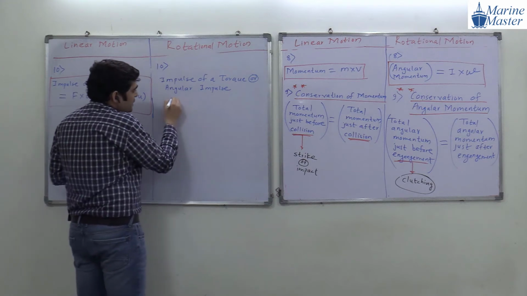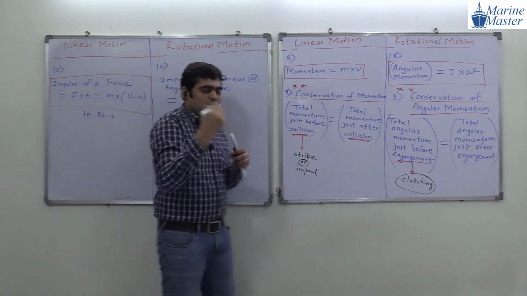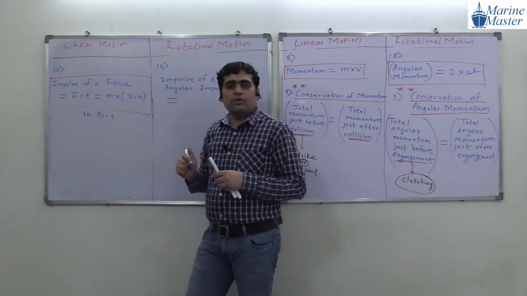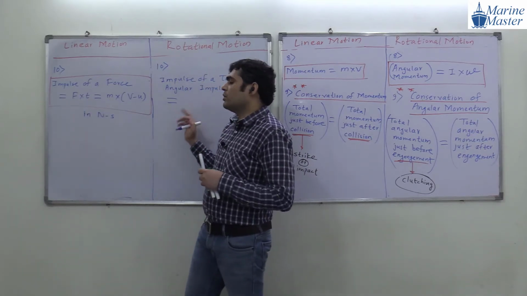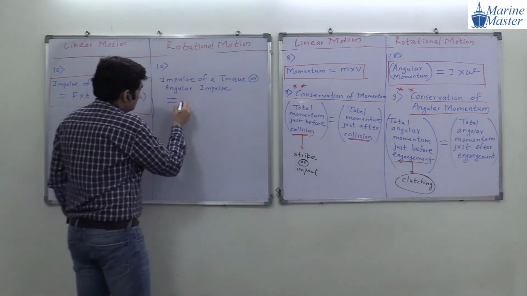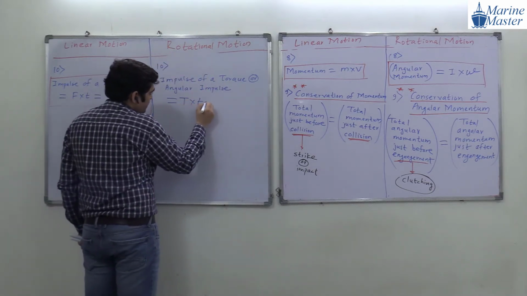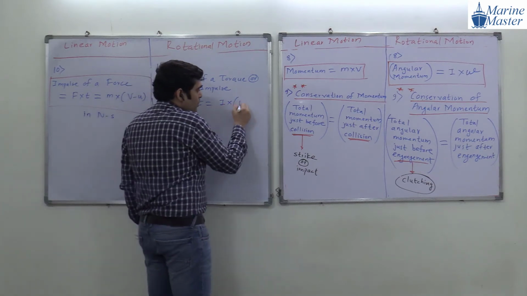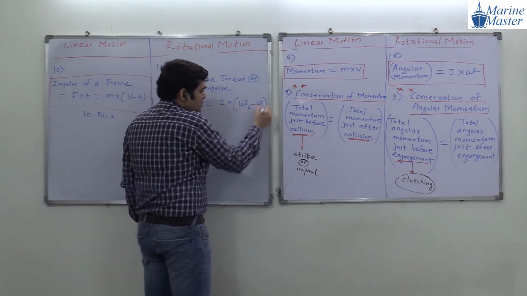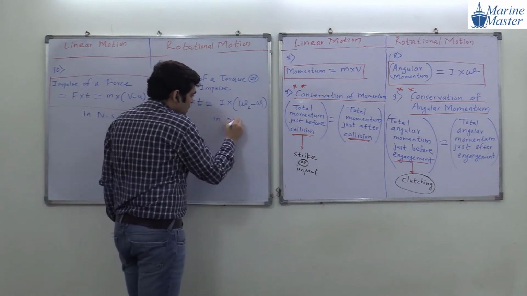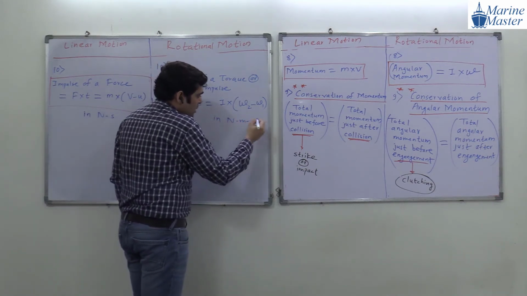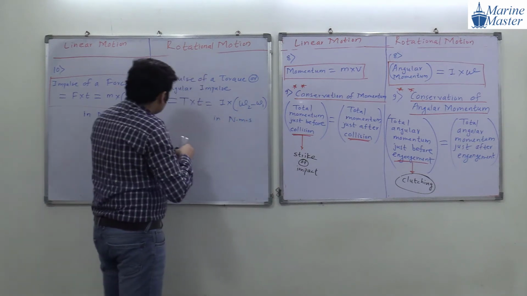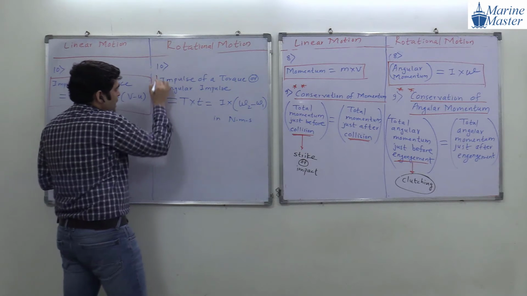Impulse of a torque or angular impulse will be equal to torque into time, or I into (omega 2 minus omega 1), and its unit is newton meter second. Okay guys, are you getting my point? So this is the impulse of a torque, or angular impulse.